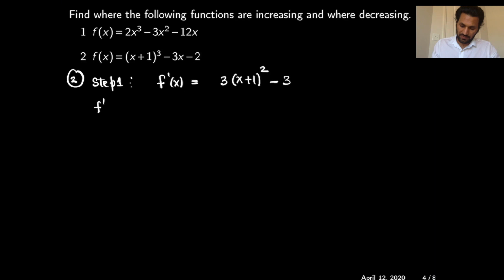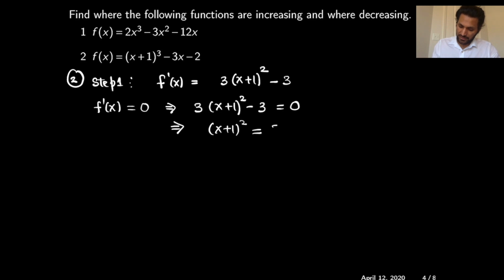Therefore, f prime of x equal to 0 gives me 3 times (x plus 1) squared minus 3 is equal to 0. This implies (x plus 1) squared is equal to 3, and 3 will be divided over. I get (x plus 1) squared is equal to 1.